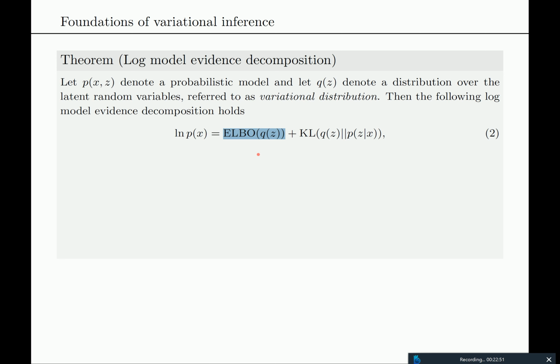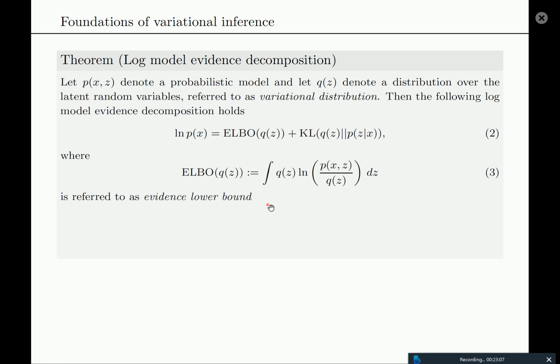And the other number is the KL divergence between this arbitrary distribution Q(Z) and the posterior distribution of Z given X. So this is actually the distribution that we want to evaluate.